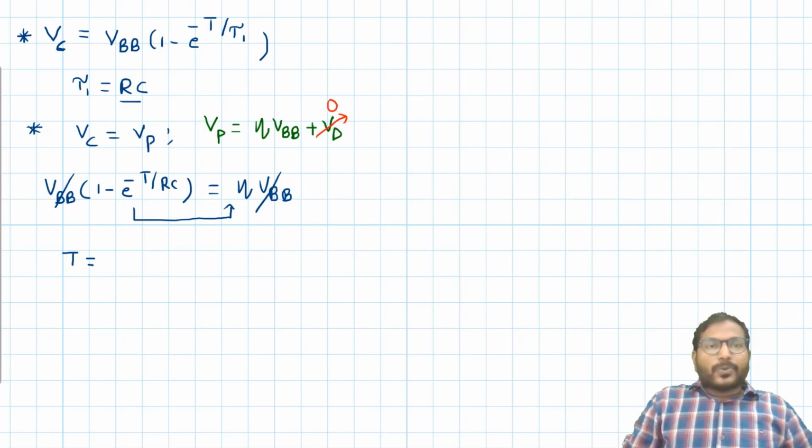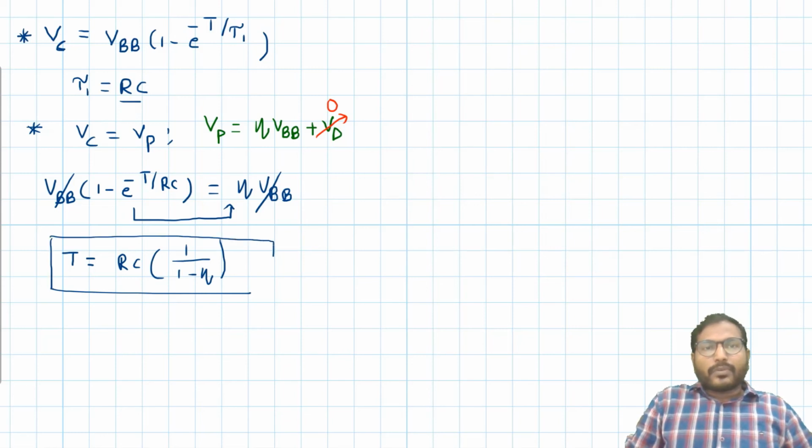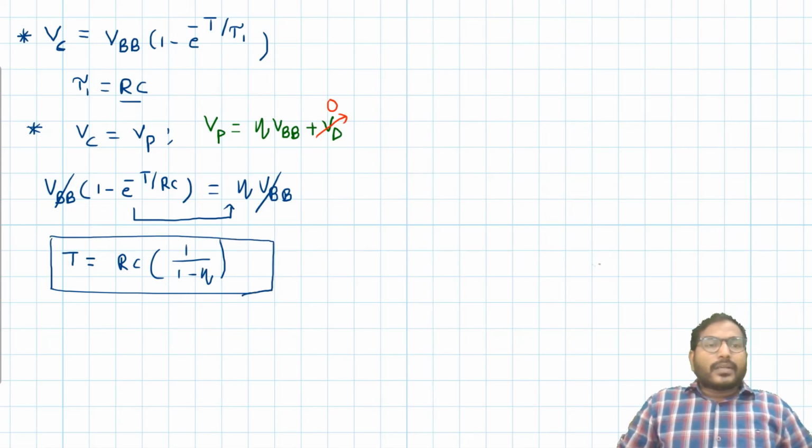T is equal to RC times 1 by (1 minus η). This is the formula to calculate the time period of the output waveform. And coming to the next, the calculation of R2, the resistance connected to base 2.